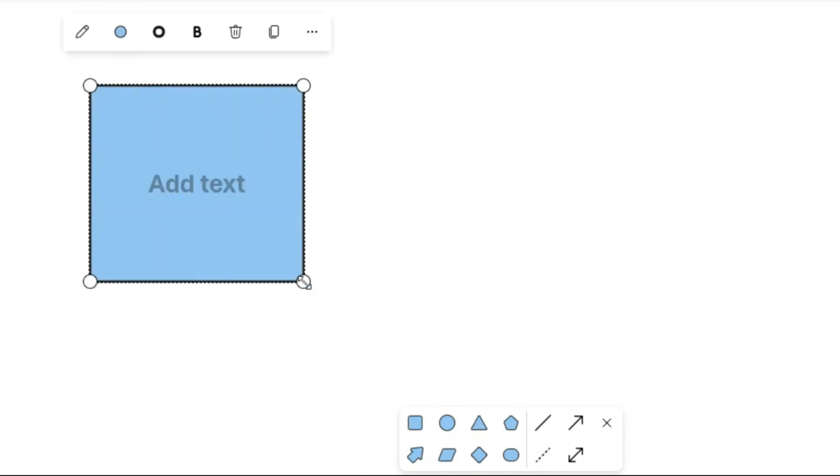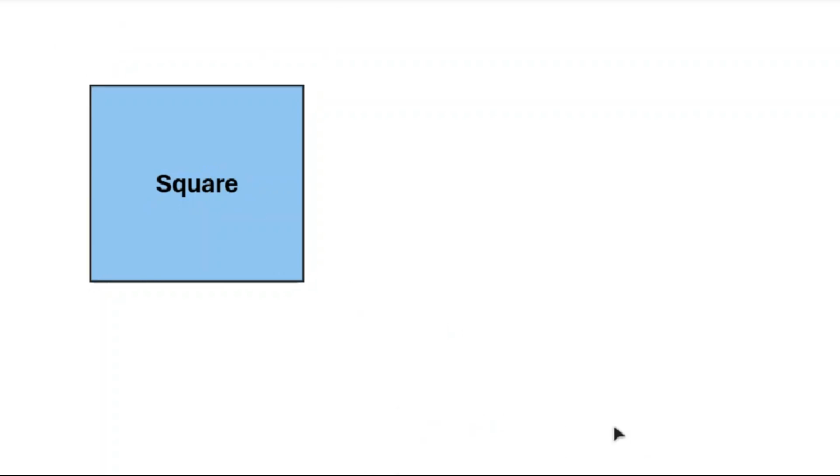So let's represent that mathematically. Let's draw a square first. Let's assume that this is our square, our very innocent square. Now, the most important property of a square is that all sides are equal.